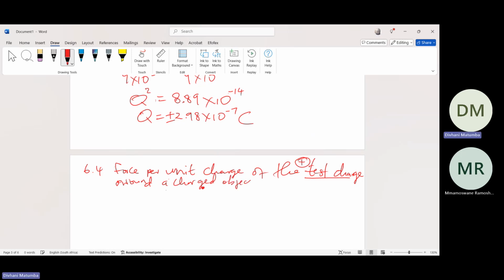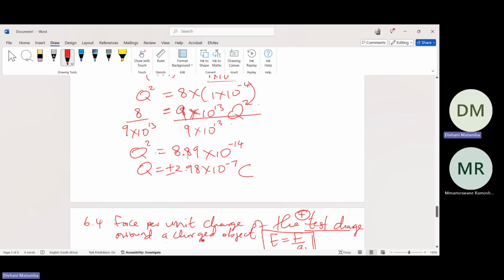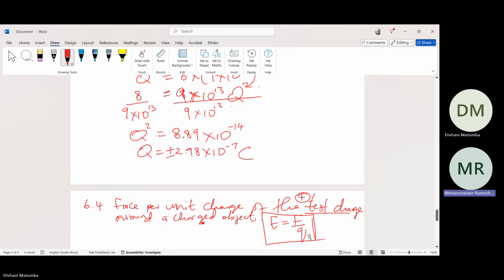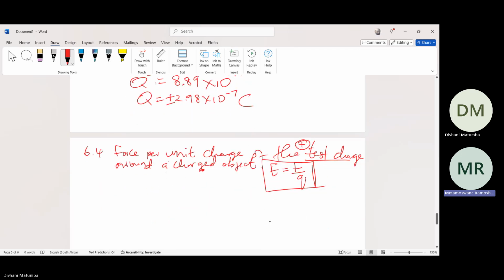You can define it in whatever way, but if you can define that electric field equals F over Q, this is exactly what you're defining. Do you remember this formula though? Yes, it's per unit charge.